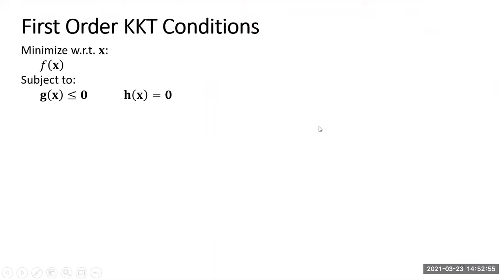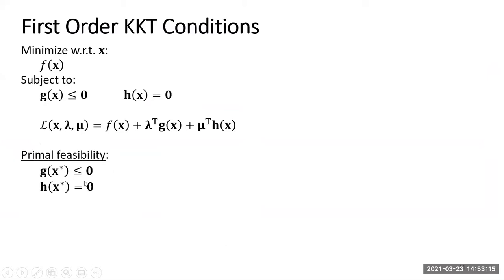Now, the first order KKT conditions, Karush-Kuhn-Tucker conditions for optimality. So this is the constrained optimization problem, and this is the Lagrangian.